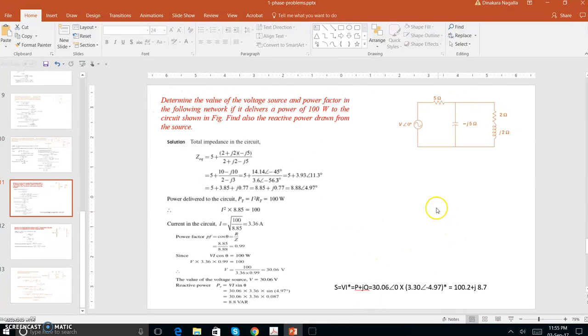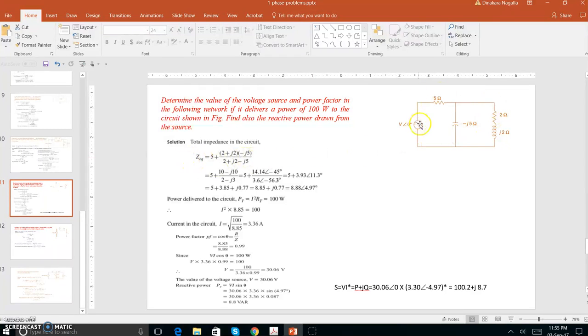There is another small problem to determine the value of the voltage across the source. Here the source voltage is not known, nor the power factor of the circuit, if the source delivers 100 watts to the entire circuit. Find also the reactive power drawn from the source.